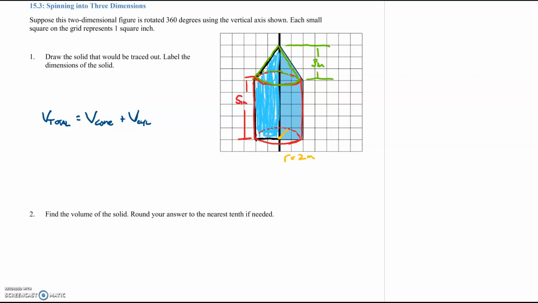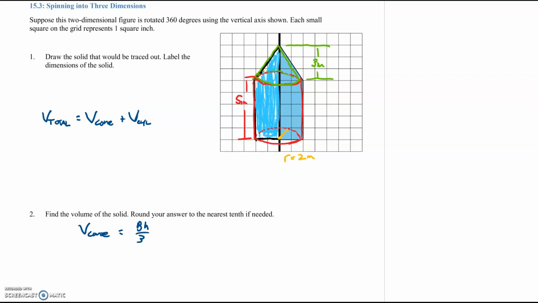Okay, so if I find this cone and the cylinder, just add them together, and I should be able to find the total volume. So let's start with the volume of the cone. So to find the volume of a cone, I know I need to find the area of the base, multiply it by the height of the cone, and then divide it by 3.